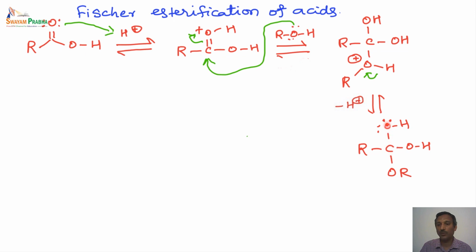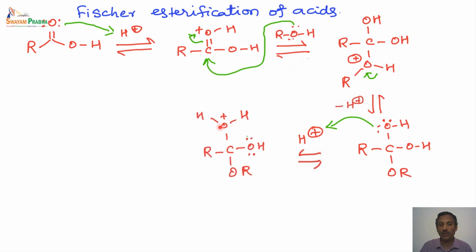Again this carbon has three electronegative oxygens present on it, so this is quite unstable, and we have protons in the medium, that is, the solvent has H plus ions. So this oxygen which has a lone pair forms a bond with the proton.